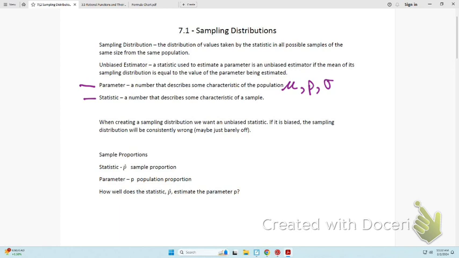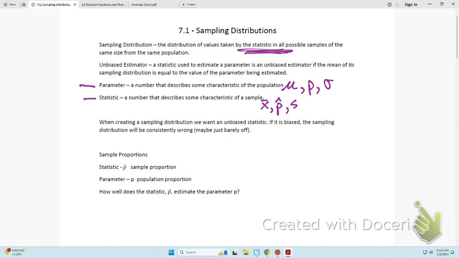Those are all parameters. Statistics are values based on a sample. We've looked at X bar, P hat, and S. All right, so those statistics are going to create sampling distributions. That's what that definition is talking about right there.